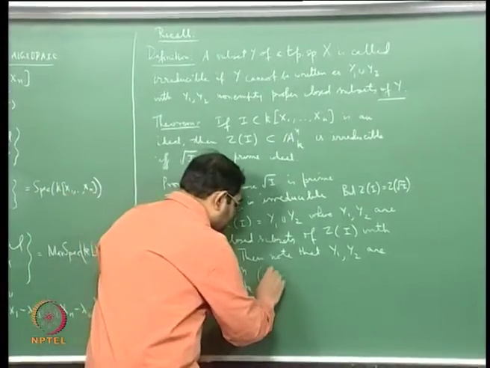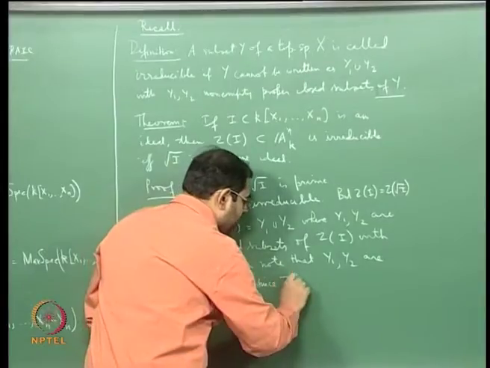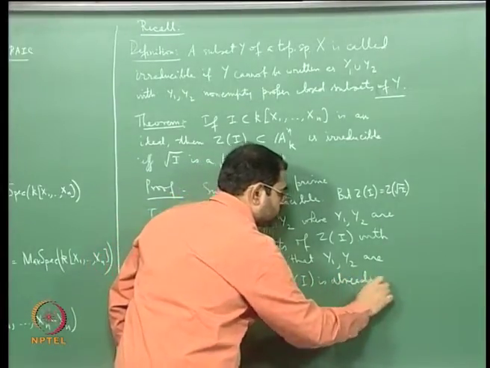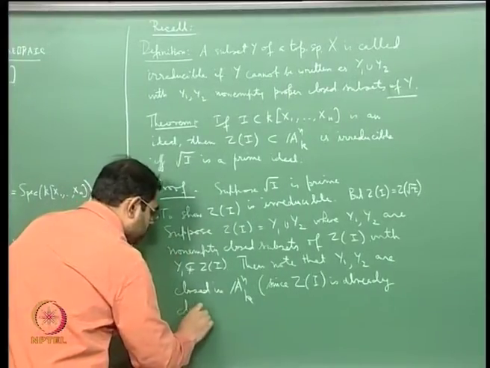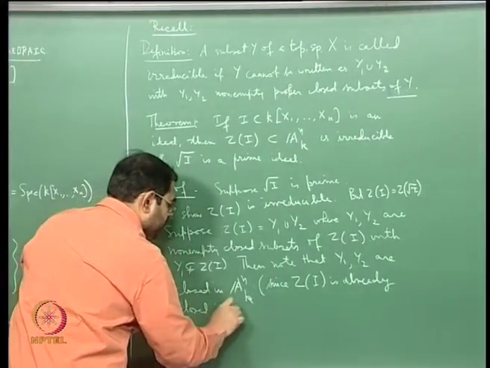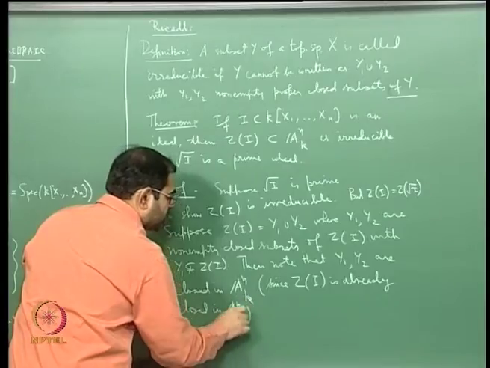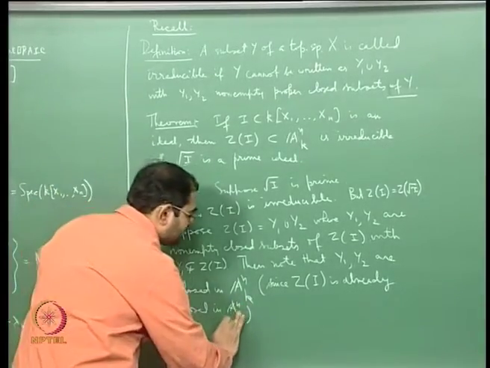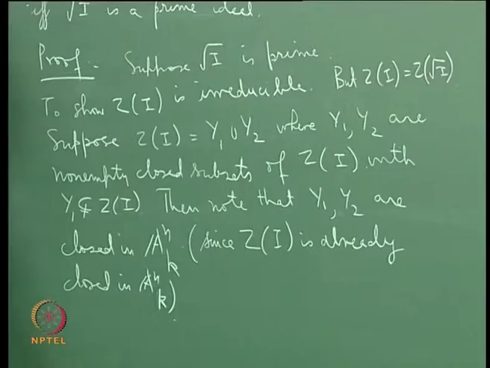So the reason is, since Z(I) is already closed in A^n by definition, because that's how the Zariski topology was defined. The Zariski topology was defined just by taking for the closed sets subsets of the form Z(I).